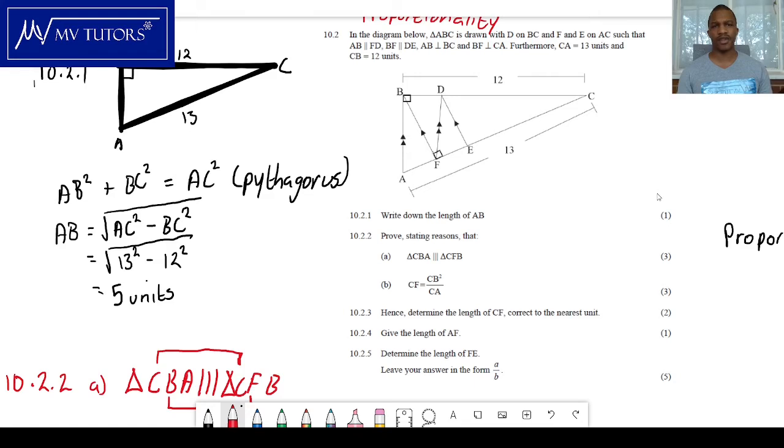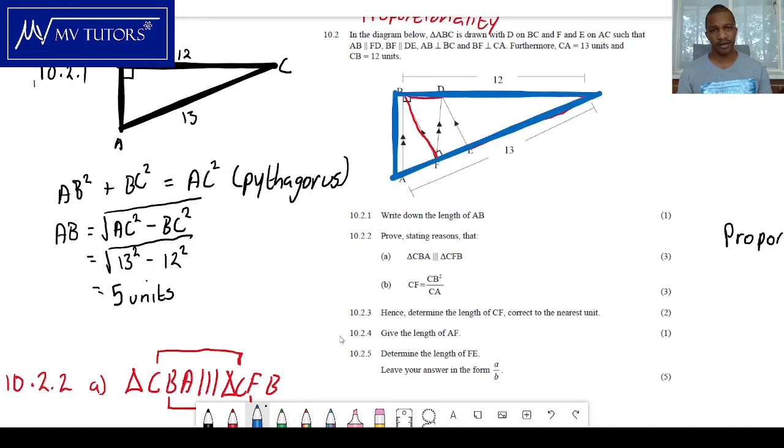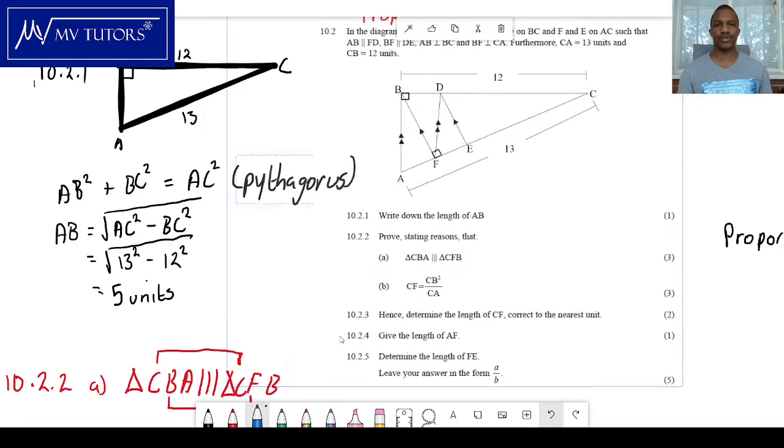And then the other one, CFB, is this triangle, and that's the small one. So we have two triangles. I just wanted to show you the triangles.